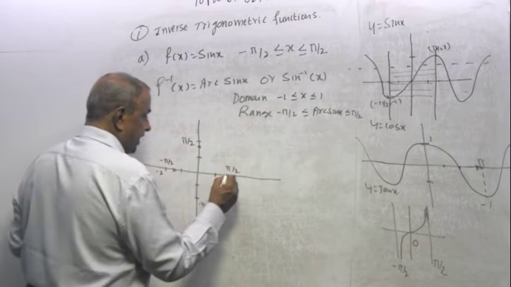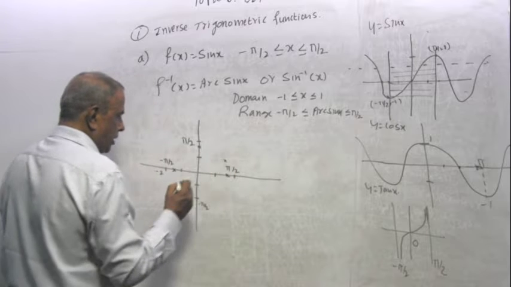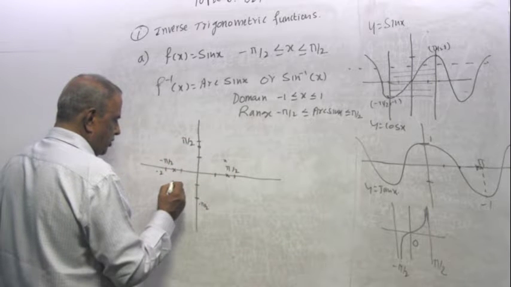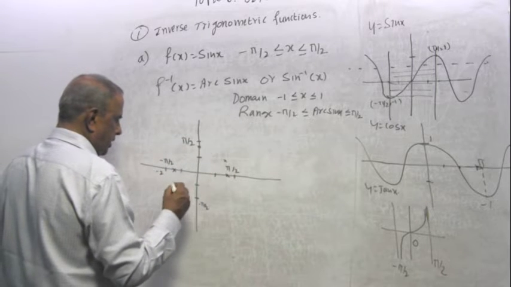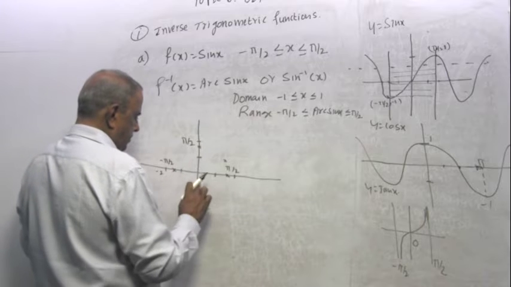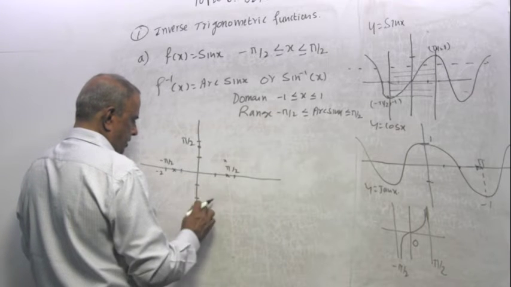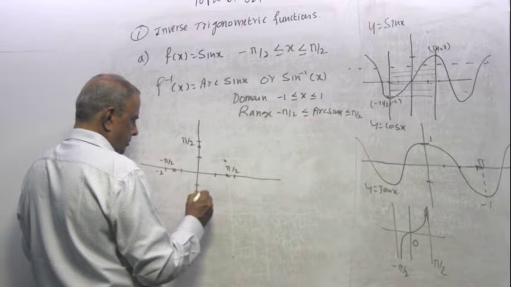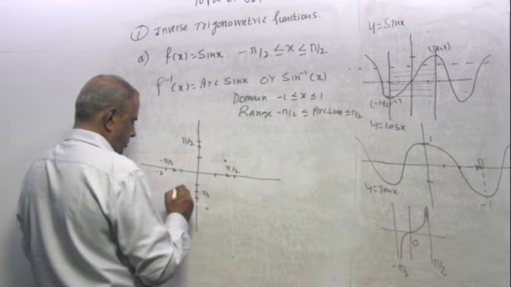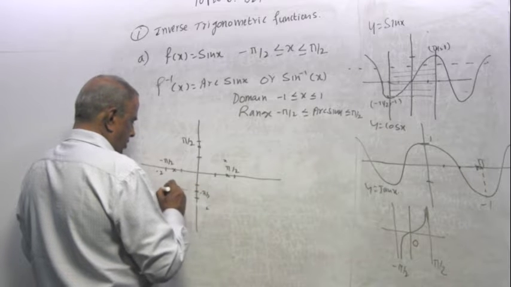Let me draw sin x, at pi over 2 it is 1, at minus pi over 2 it's minus 1. Minus pi over 2 is somewhere here.